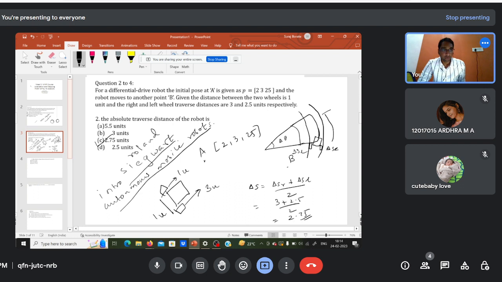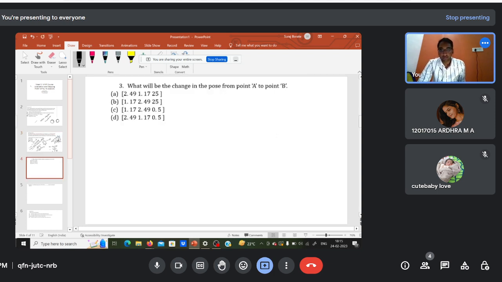What we want is the distance of the central arc. So this arc is delta SL and this arc is delta SR. Then we take the approximation of this, delta SR plus delta SL by 2. So that is the idea over here. Let's move on to the next one.